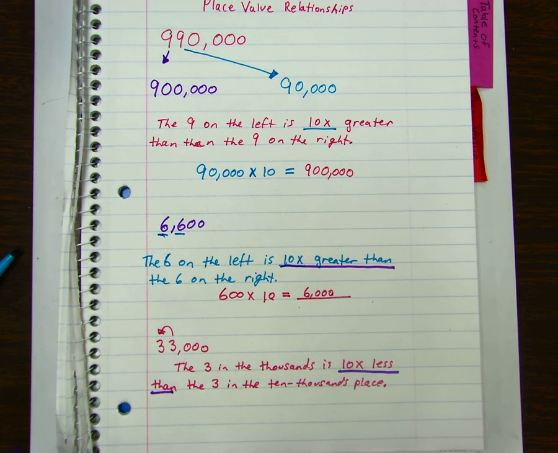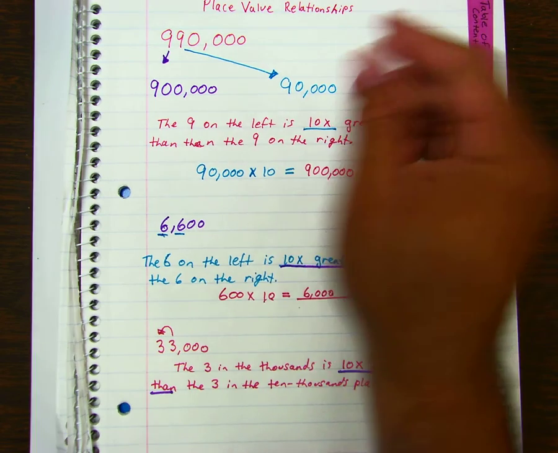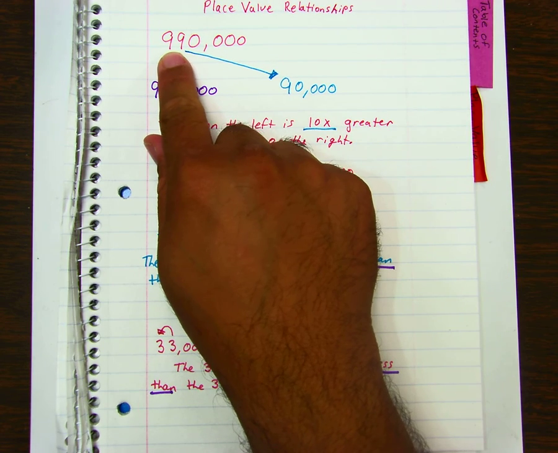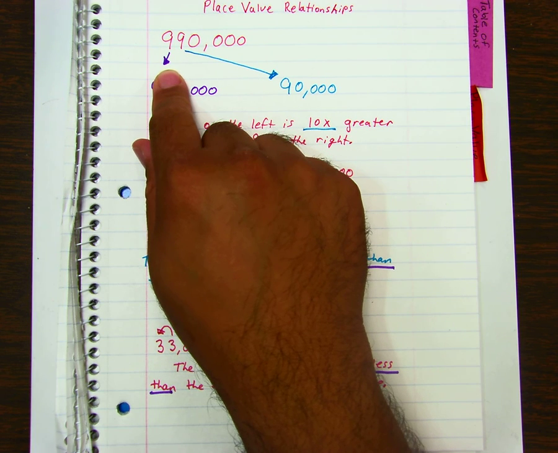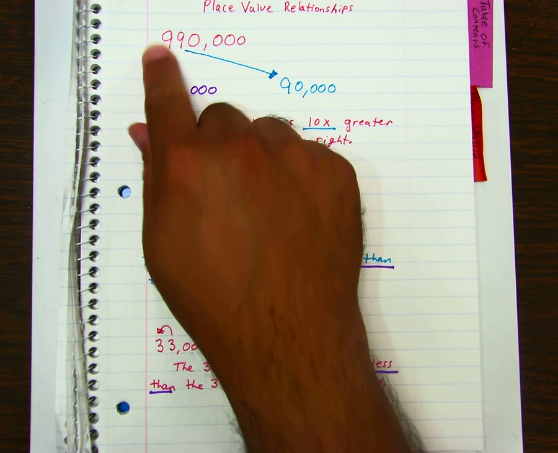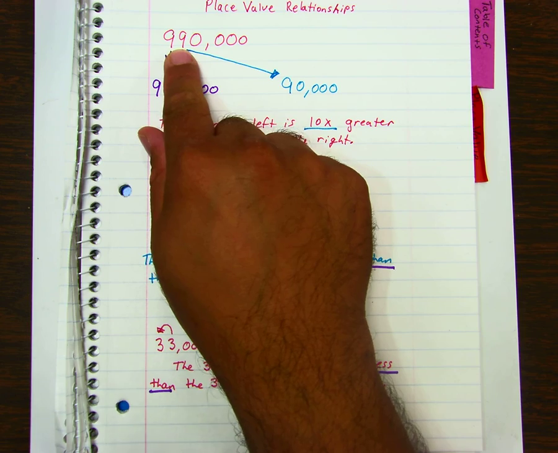Okay, again, let me just rephrase what I was just talking about. With the place value relationships, when we take a number that has two digits that are side by side, for example, 990,000, the digit on the left is always going to be 10 times greater than the digit on the right.